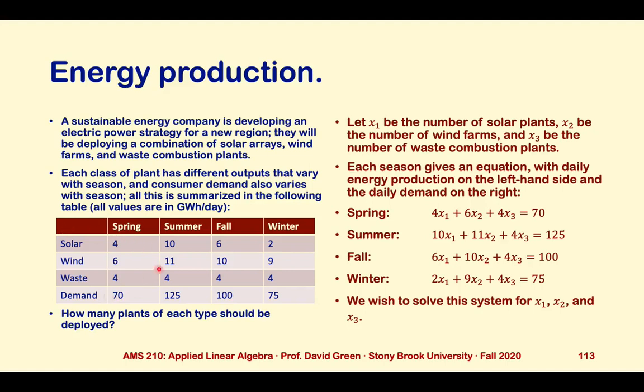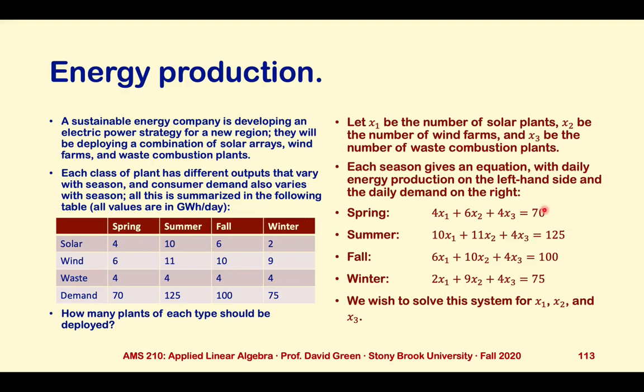The various plants will produce power, and we would like to produce enough to satisfy the demand in each season. This gives rise to 4 equations, one for each season, where the left-hand side summarizes the daily energy production, and the right-hand side has the demand.